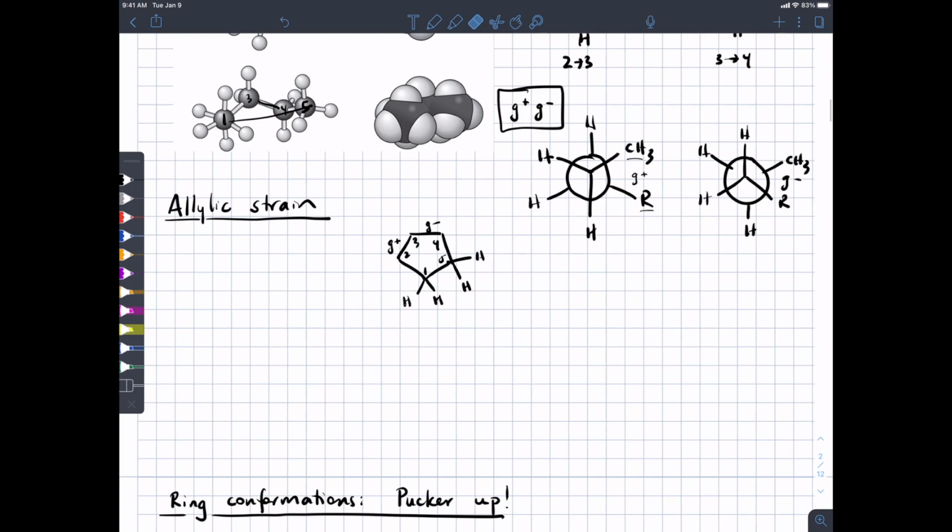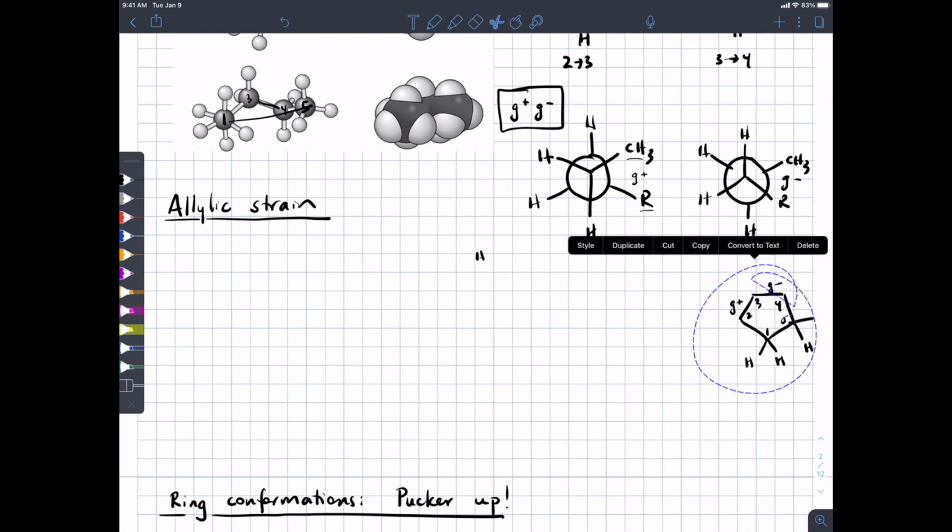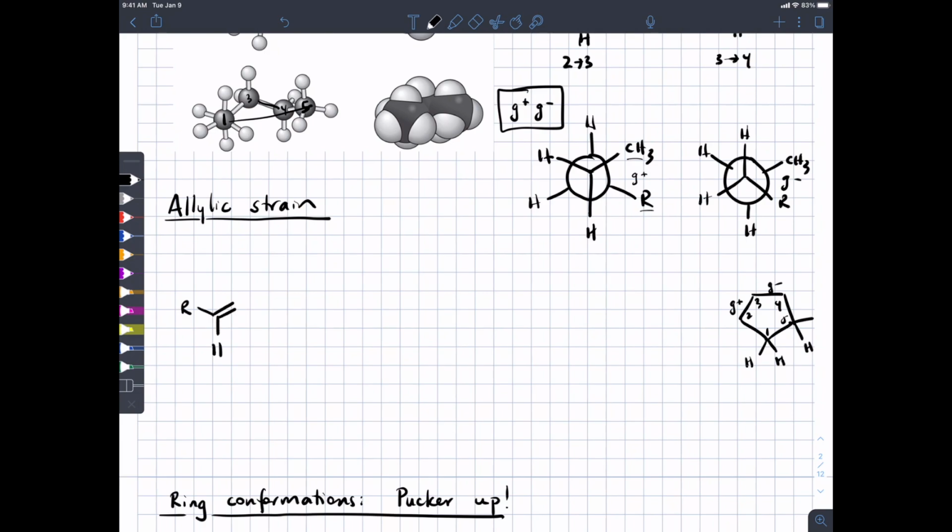Another kind of strain that's sort of related involves what happens when you put groups adjacent to double bonds. So let's just imagine a pi bond here, carbon 1, 2, 3, and then let's suppose carbon 3 has something on it, something that's not hydrogen.